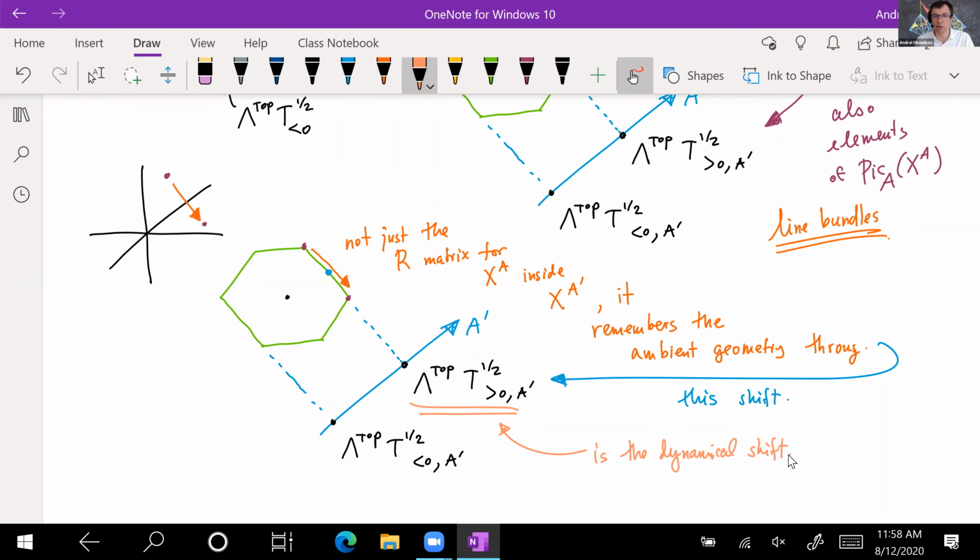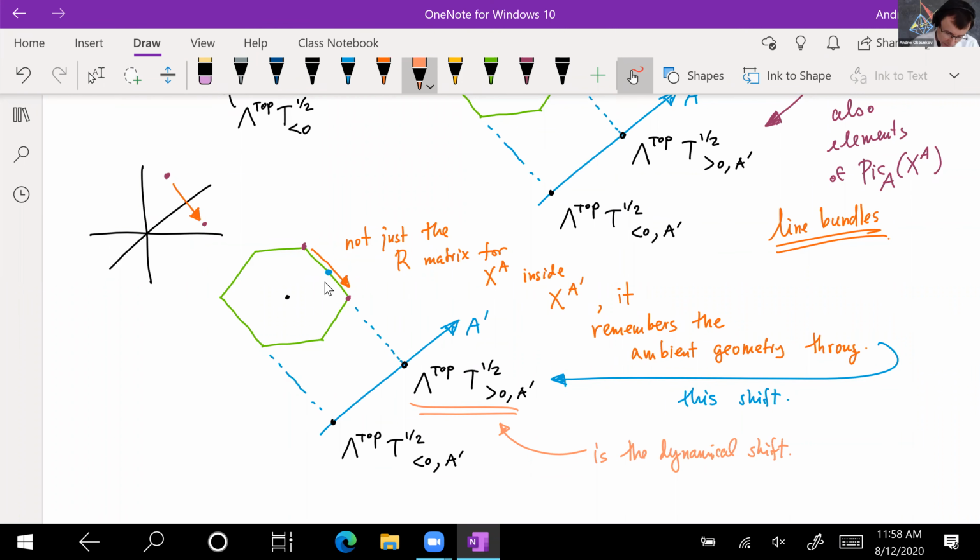If you write it like this, it makes super clear sense why it should be there, because if you go around that polytope, nobody said that this shift and that shift have to be the same. So our polytope is a zonotope. It's always centrally symmetric. Every face of that is centrally symmetric.